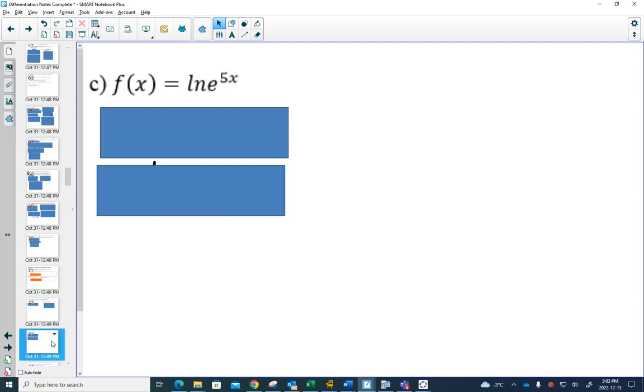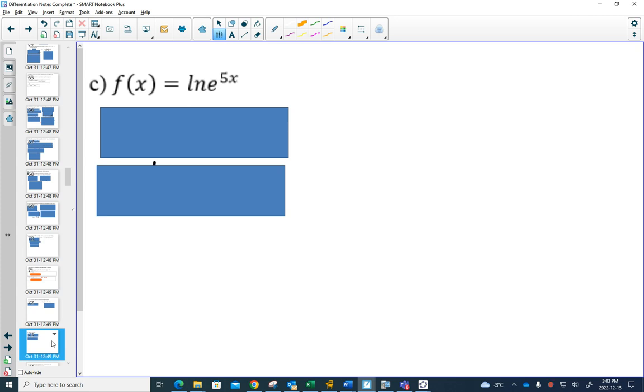And now we can start mixing in log laws. I just want to do this one. This one, you have a derivative for natural log, but only if it's natural log of x. You have a derivative for e to something, but only if it's e to something, not e to something inside of something else.